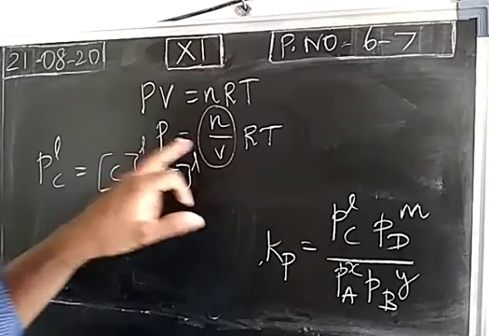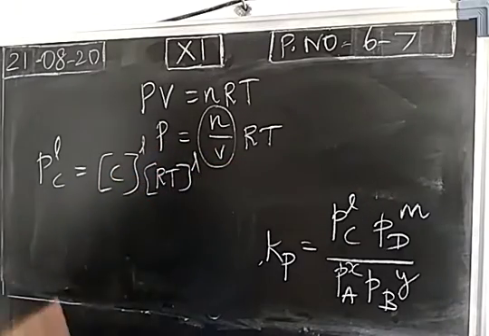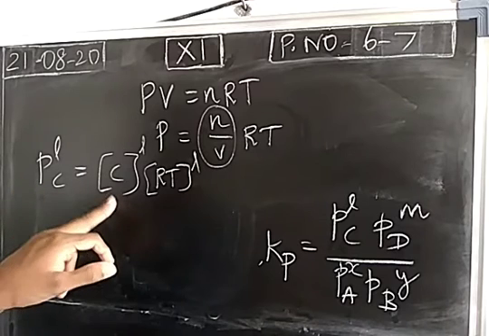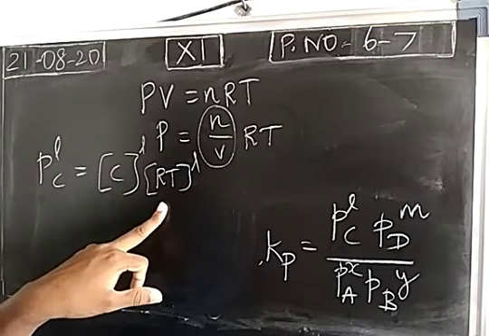So using this ideal gas equation, we can write the partial pressure. Partial pressure is the product of active mass and RT.